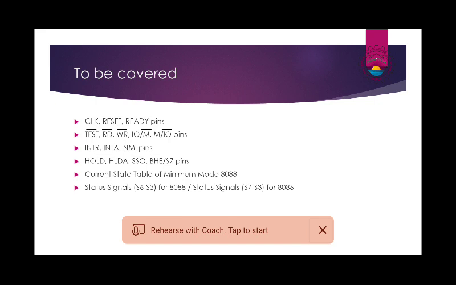After that, we have to discuss hold and hold acknowledge. The HOLD pin is for DMA request and the HLDA pin is for DMA acknowledge.